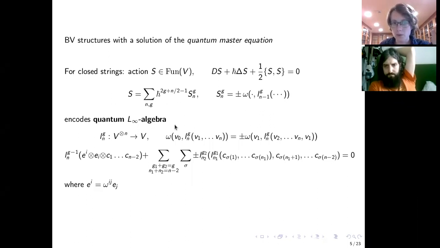And if you look at what these functions satisfy, you realize that the action actually encodes the quantum L-infinity algebra. So the quantum master equation could be equivalently described as this equation, where you have the term which corresponds to the Laplacian and the term which corresponds to the bracket. Here, in the first one, you use the pairing from the symplectic form.